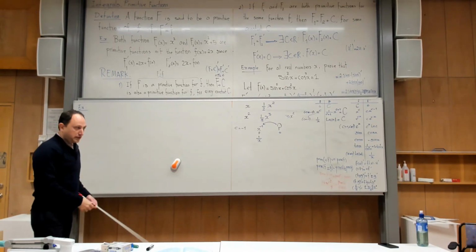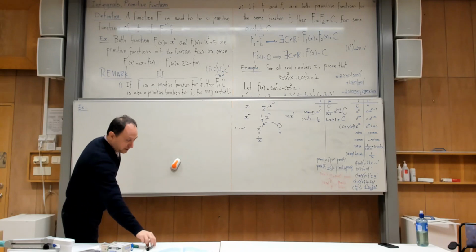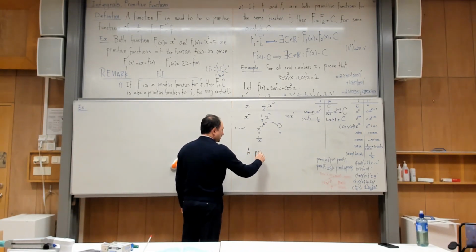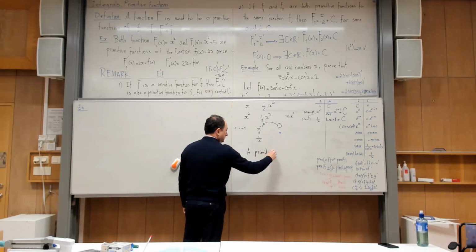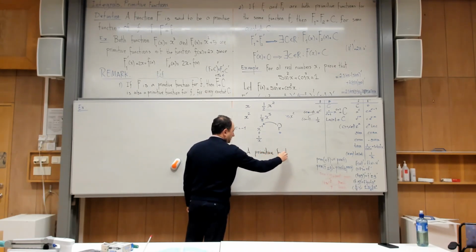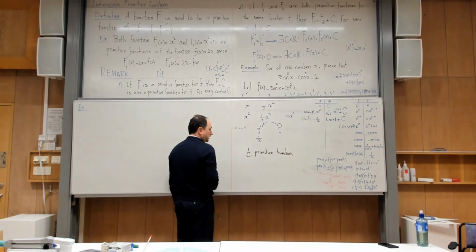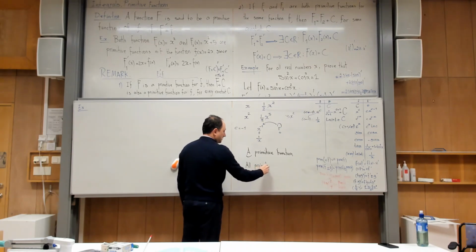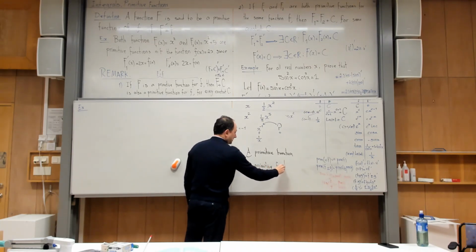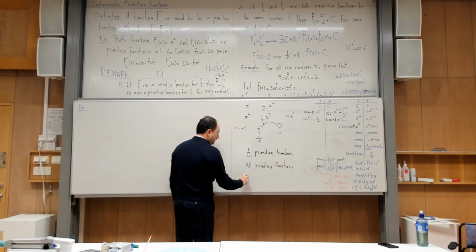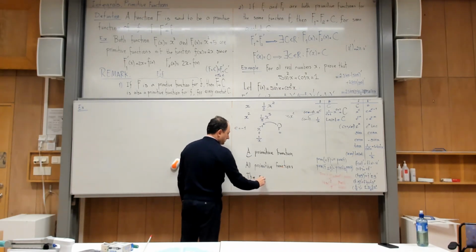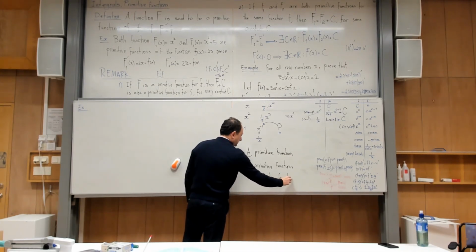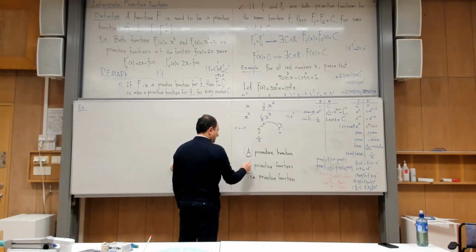Let me, by the way, tell you something about these words. We can have a primitive function, we can say all primitive functions, and we can also talk about the primitive function. I want you to understand the differences here, here, and there.